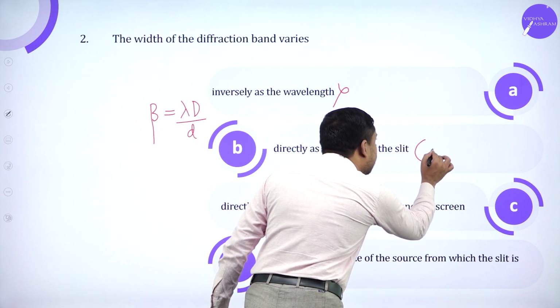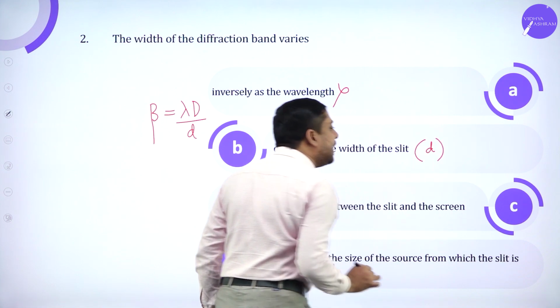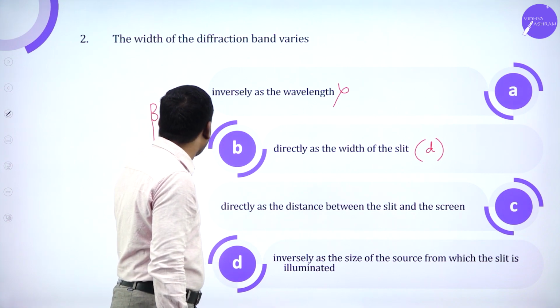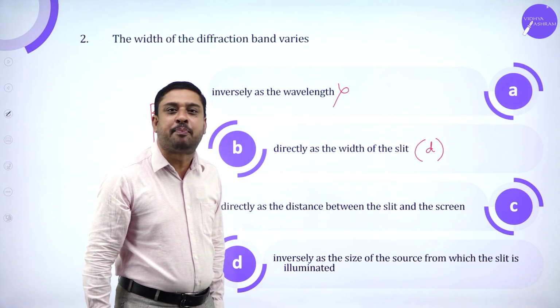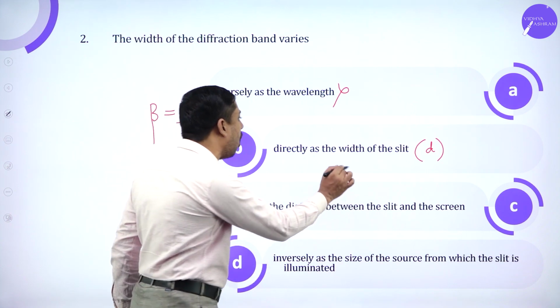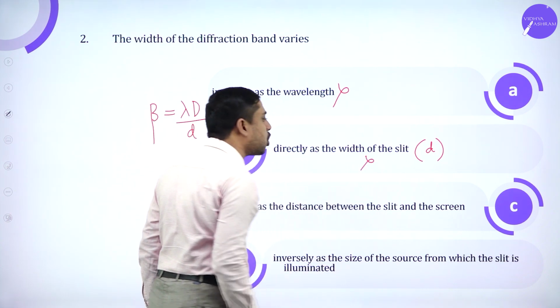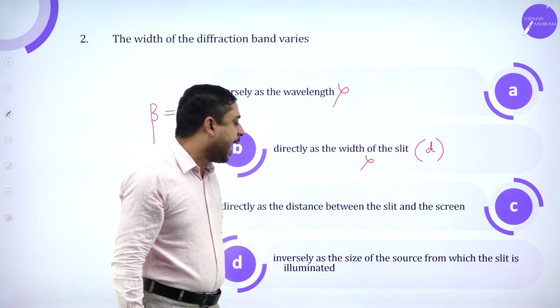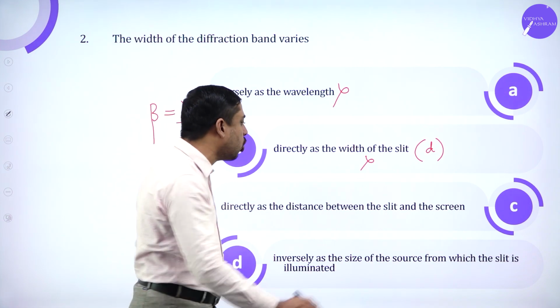Width of the slit is represented by small d. Beta is inversely proportional to small d, so this is wrong. Inversely as the size of the source?